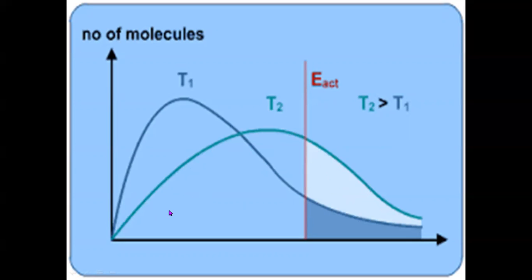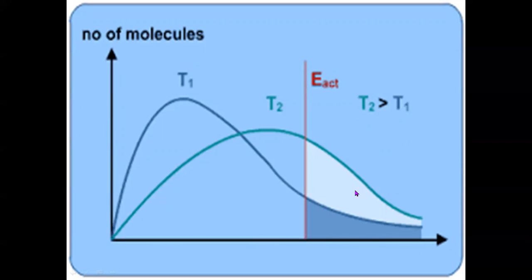As the curve is more flattened, that is, as the temperature increases, more and more molecules will have higher kinetic energy. As I told you, on the y-axis we have taken number of molecules, on the x-axis we have taken energy in the form of kinetic energy.